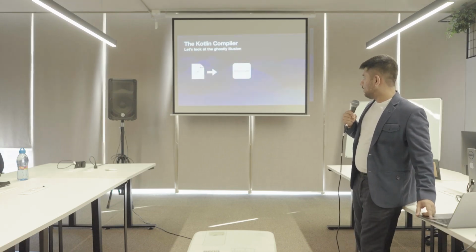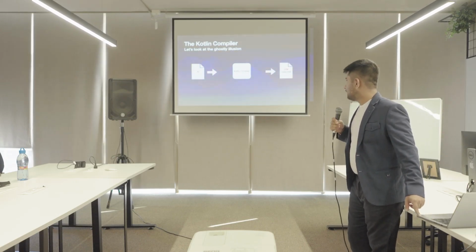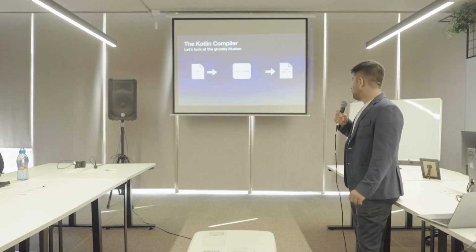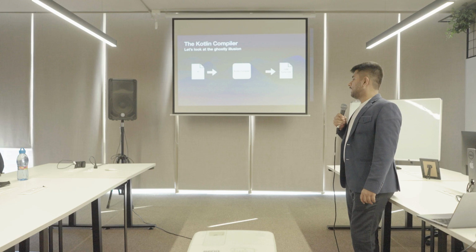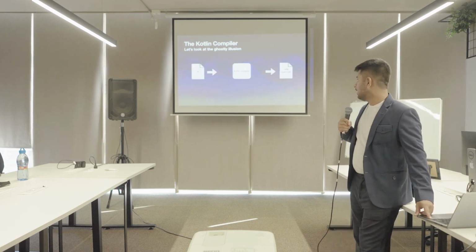I'll just describe the illusion a little before we proceed to the code building. This will be your KT file. This is your Kotlin compiler, the core that we're talking about. And this is your JVM bytecode. This is usually how the compilation process looks. This bytecode is later taken up by all the platforms and run however they're supposed to run.